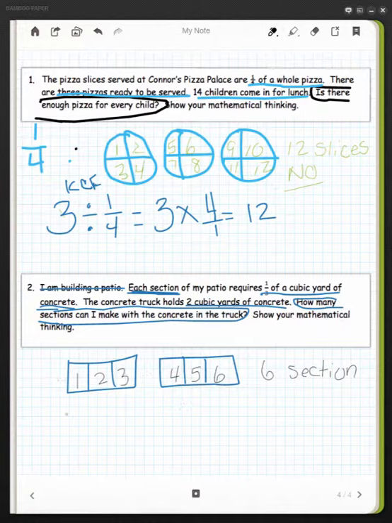Again, we can use the algorithm to say there are 2 cubic yards, and each cubic yard is going to be divided into 1/3 for each section of the patio.